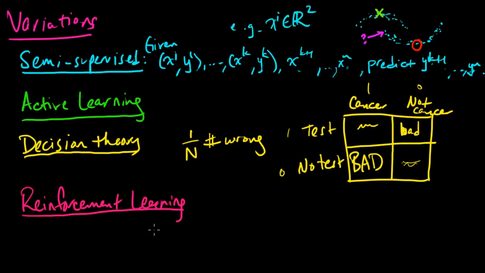You're going through life and you want to maximize your overall reward and minimize your overall loss. At any given point in time, you take an action and you get some reward or loss for that action.